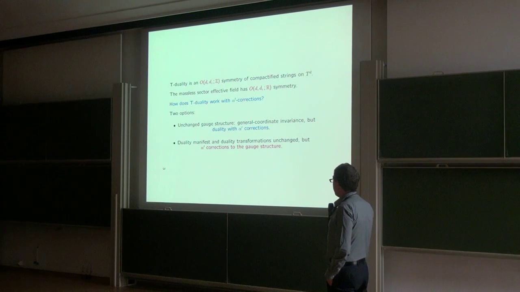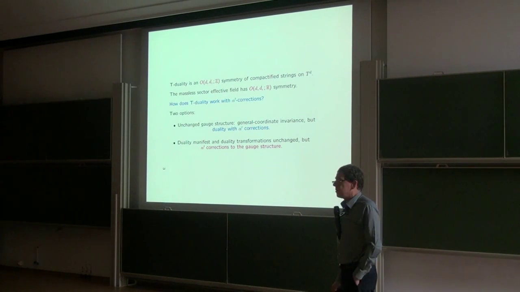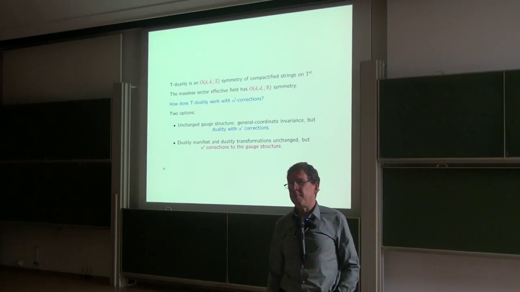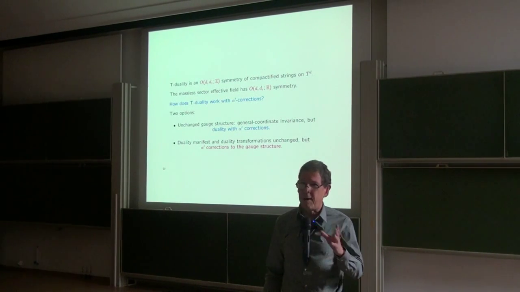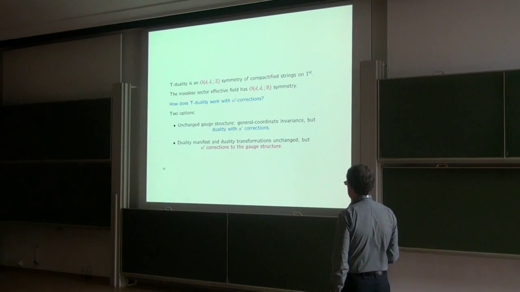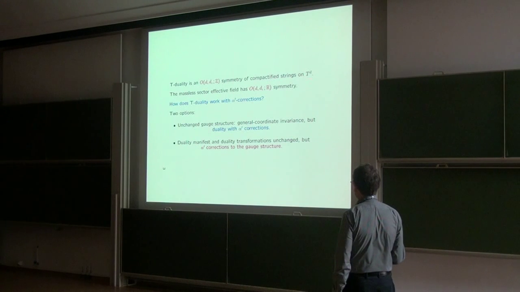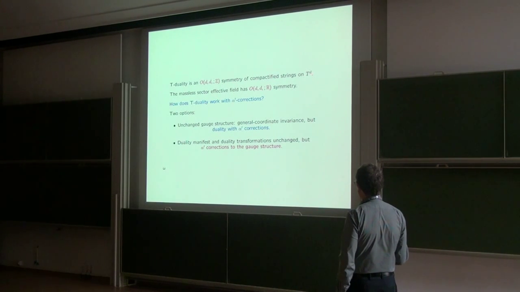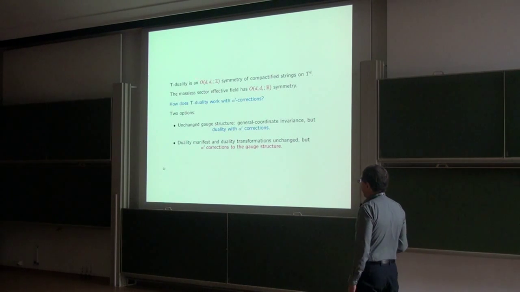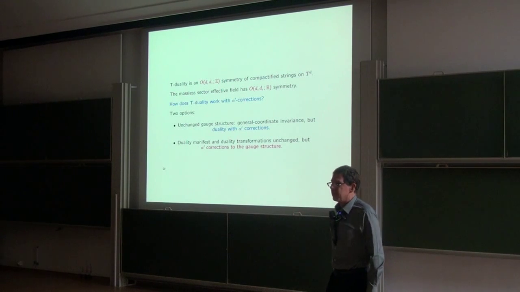Nevertheless, there's another symmetry that is quite interesting, this duality symmetry. And here there's really a true surprise in some sense. When you study string theory, you study the discrete symmetry of strings compactified on a torus. The surprising fact related to this discrete symmetry is that the massless effective field theory has a continuous global symmetry of the same type.